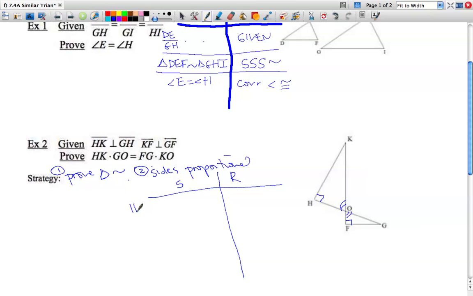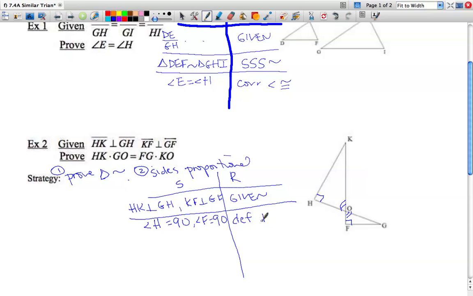So let's write down HK is perpendicular to GH, KF is perpendicular to GF by given. And we can combine a statement here, but let's just break it down. Angle H equals 90. Angle F equals 90. Definition of perpendicular.